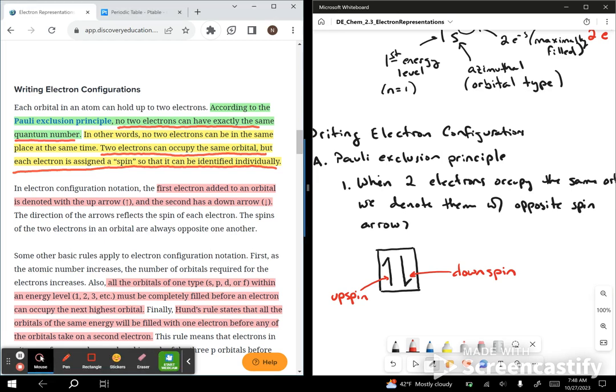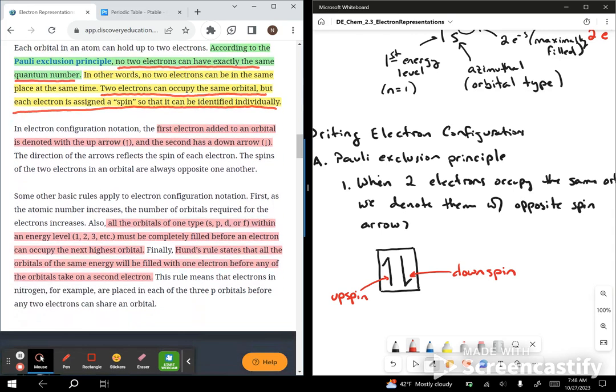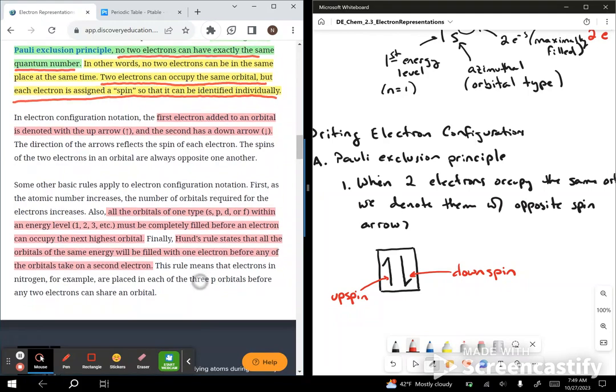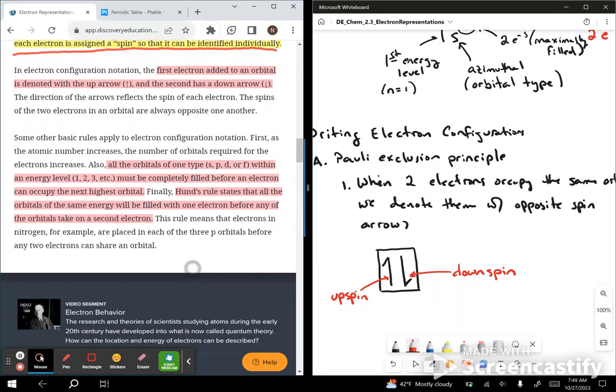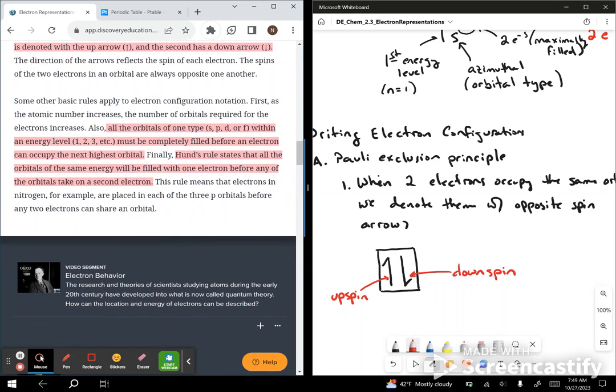Okay, so let's see here. All the orbitals of one type within an energy level must be completely filled before an electron can occupy the highest orbital. That was Aufbau's principle. And finally, Hund's rule states that all of the orbitals of the same energy will be filled with one electron before any of the orbitals take on a second electron. So you need to write these down. Hund's rule.